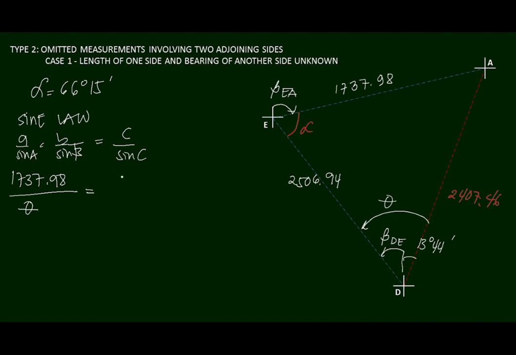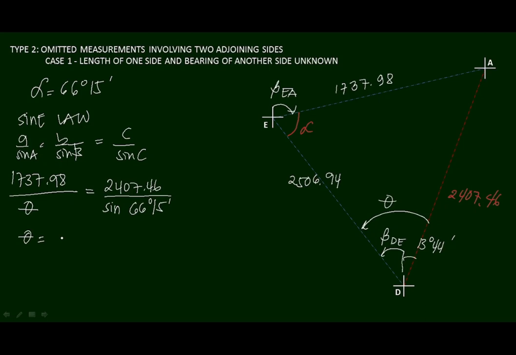That is equal to, I'll use 2,407.46 as my B over the angle opposite. This is your alpha, which nasolve na natin kanina na si alpha is equal to 66 degrees 15 minutes.